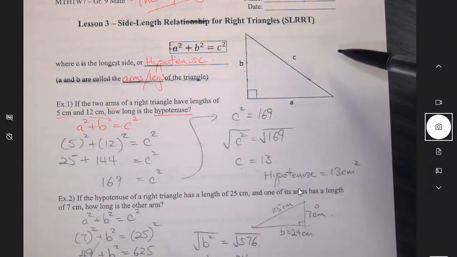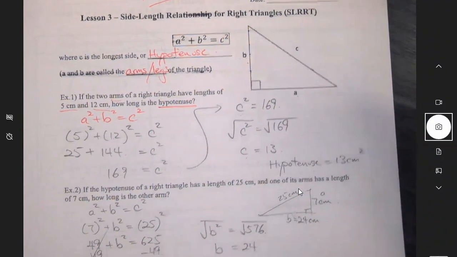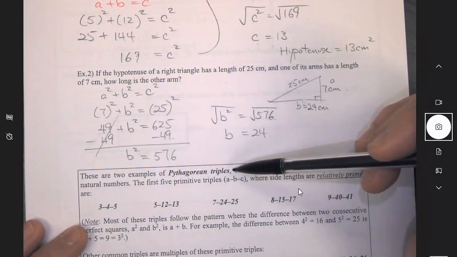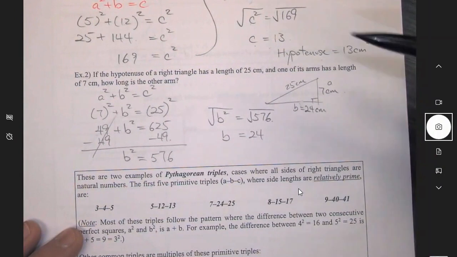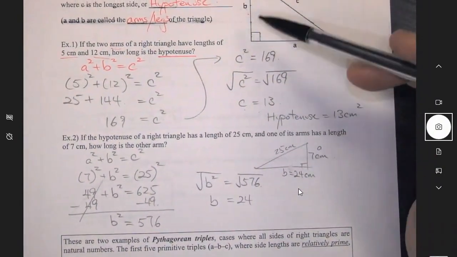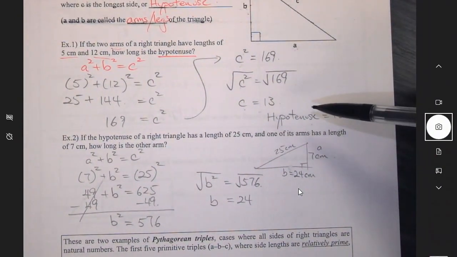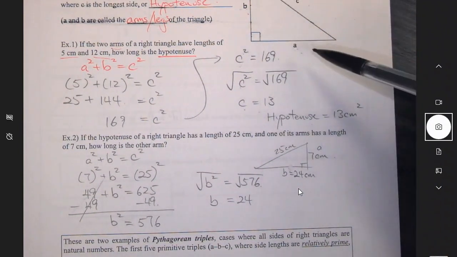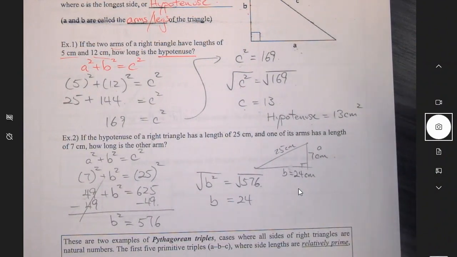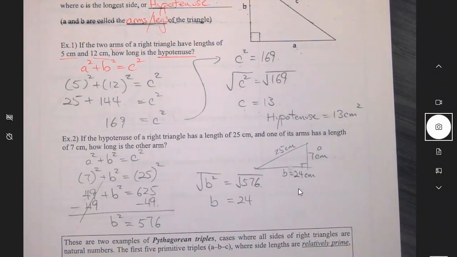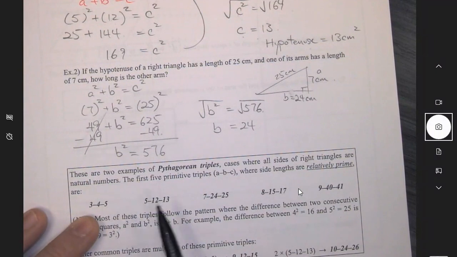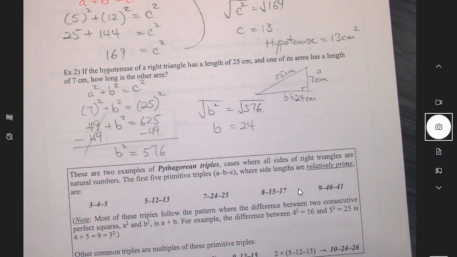In terms of calculating this here. Now, down here, this note, they call these Pythagorean triplets. Basically, when people were working with different right angle triangles and trying to find a relationship between the hypotenuse and the two arms or two legs, they noticed that these combinations of numbers would give you whole numbers.